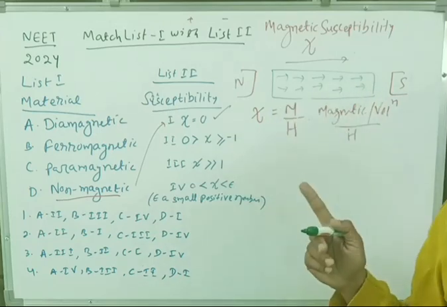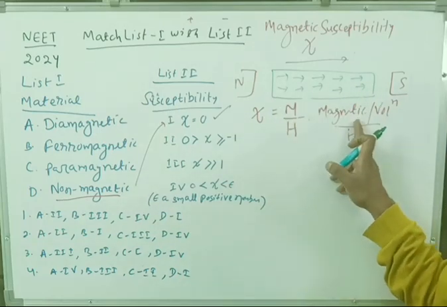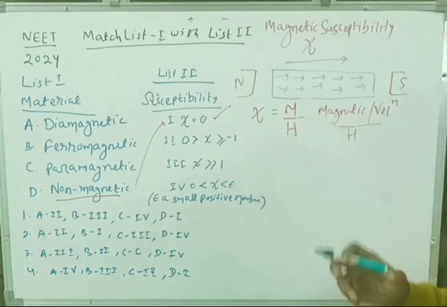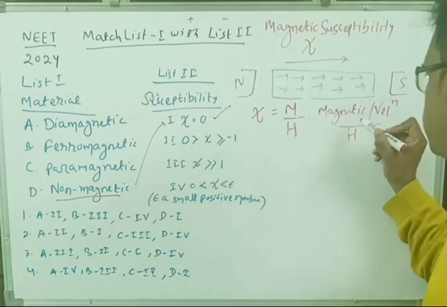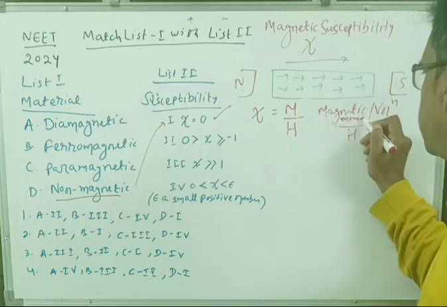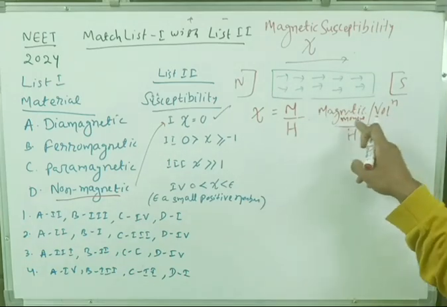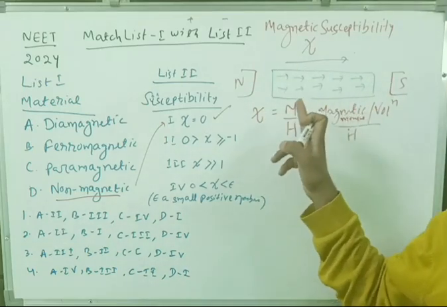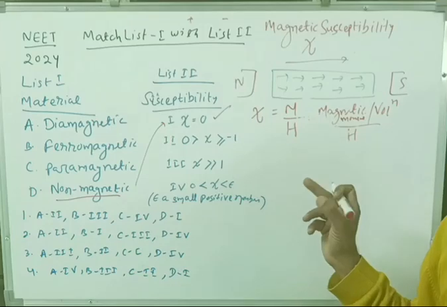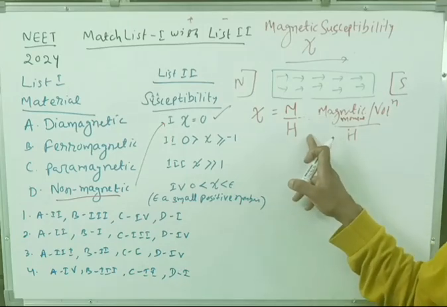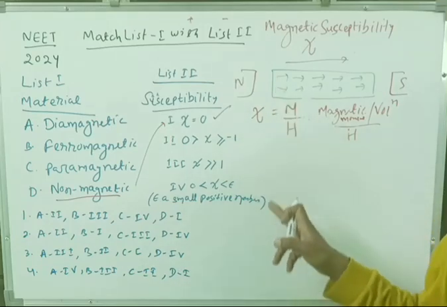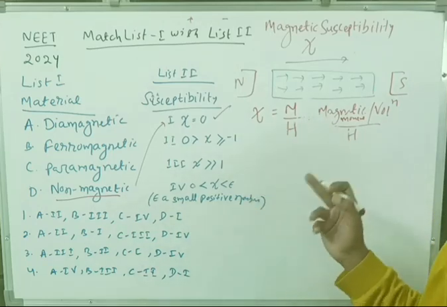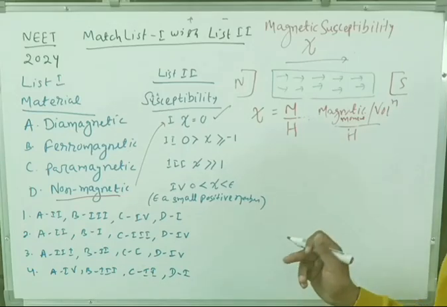The magnetization, the magnetic moment per unit volume, is a large number because all of the atomic dipoles are aligned in the direction of the magnetic field, and this M by H, or chi, the magnetic susceptibility, is a large number, greater than 1.